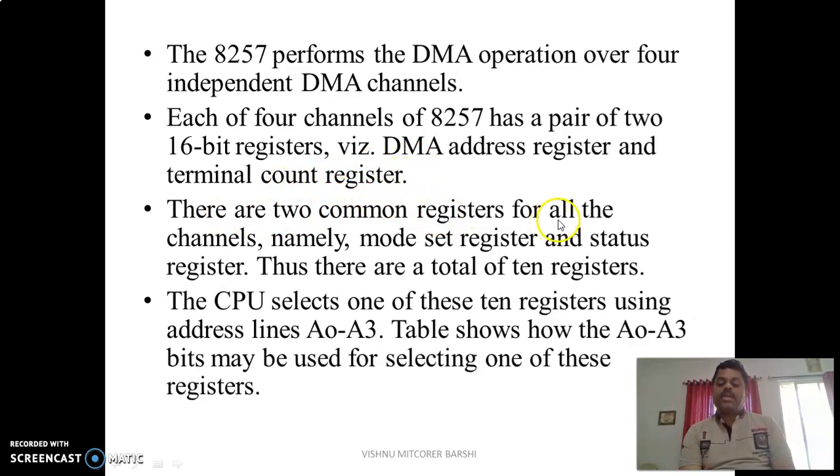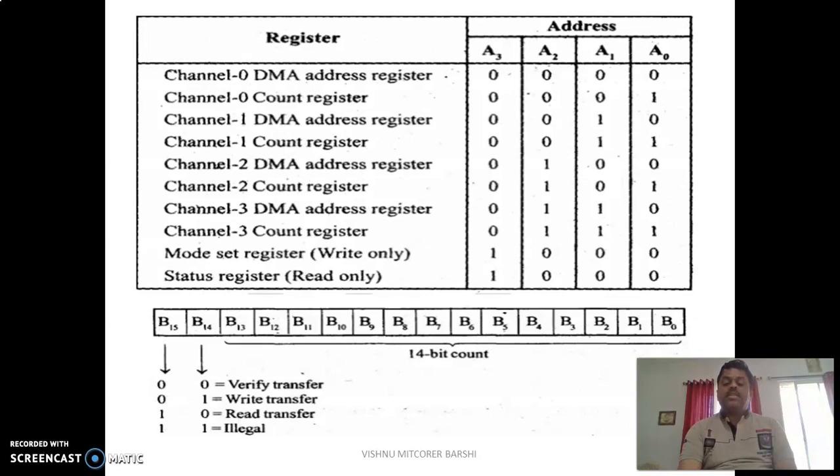There are 2 common registers for all the channels, namely the mode set register and the status register. So the total count of registers is 10. The CPU selects one of these 10 registers using the address lines A0 to A3, and the functions of these address lines are represented in this table.